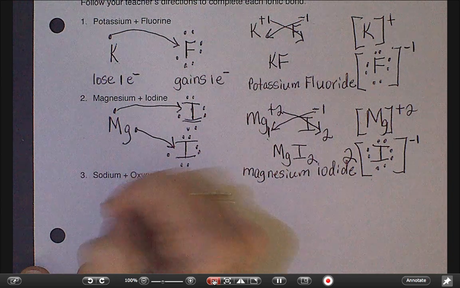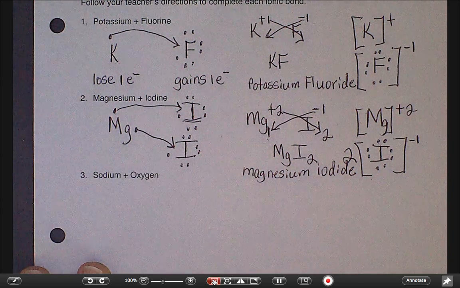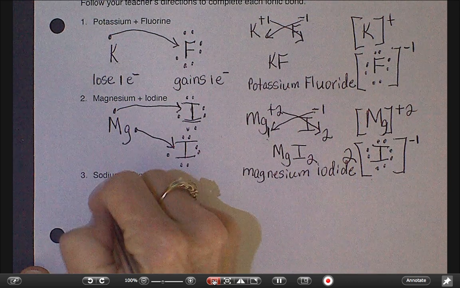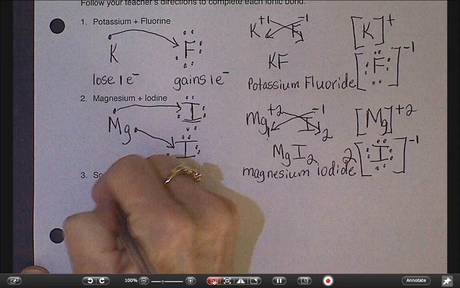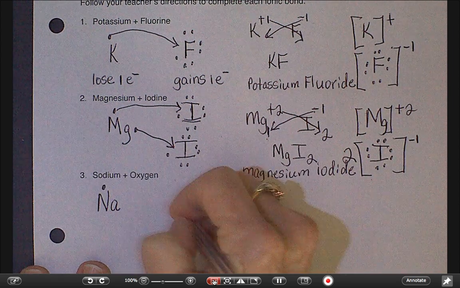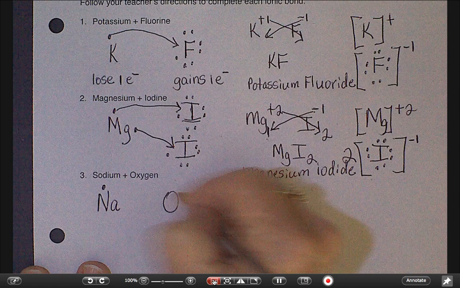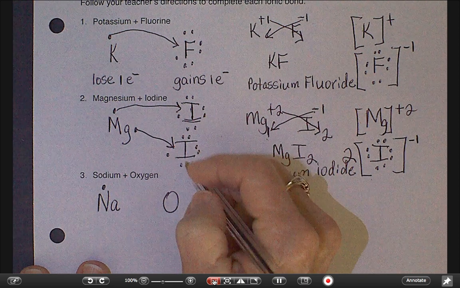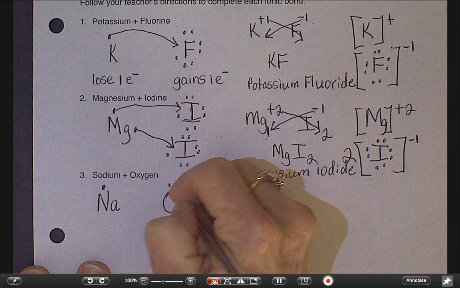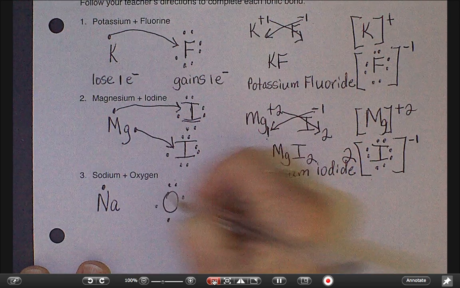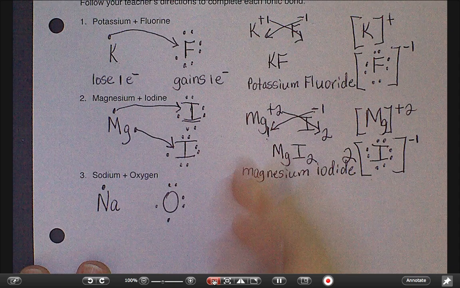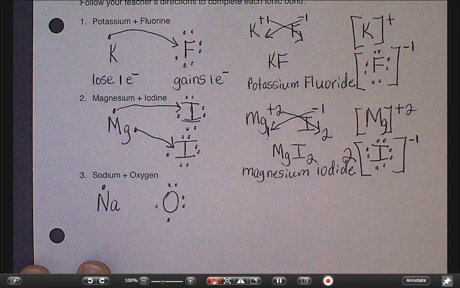Symbol for sodium. Group 1, how many valence? 1. Oxygen, how many valence? And when I do bonding like this, I always try to leave my opens so they kind of meet in the middle. Does that make sense?